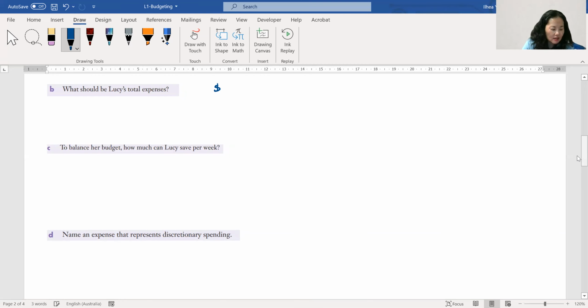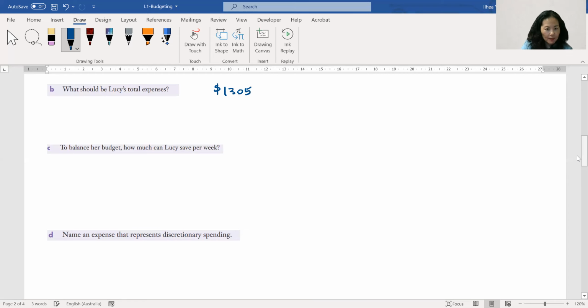It's 1,305, same as her total income. Why? Because she is spending, or saving, if you like, whatever is left over from her expenses. So we could say total expenses are 1,305, same as her total income.